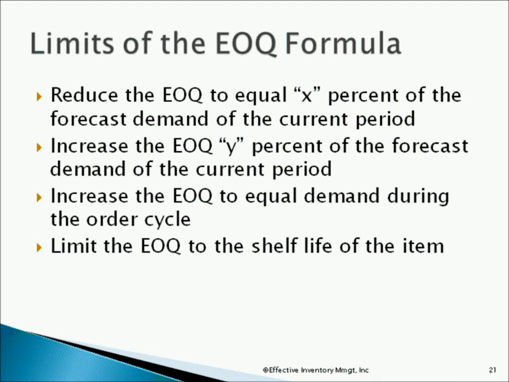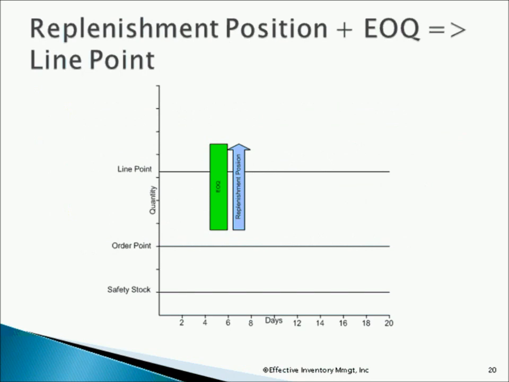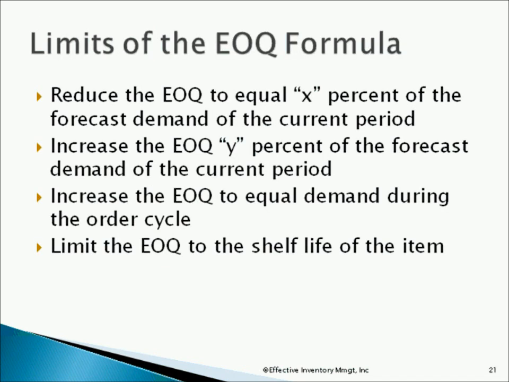So you might increase the EOQ, say, to equal 25% of your monthly forecast, or a 7-day supply. We want to set our limits there. We want to increase the EOQ to equal demand during the order cycle. We want to be absolutely sure that the economic order quantity at least brings us up to that line point to protect customer service. We don't want to order less than a 2-week supply of a product if we can only order every 2 weeks.